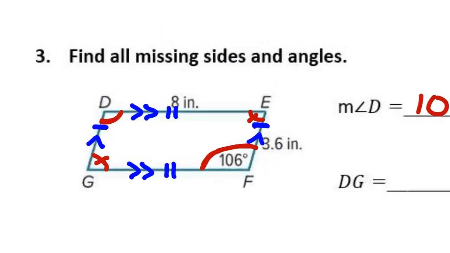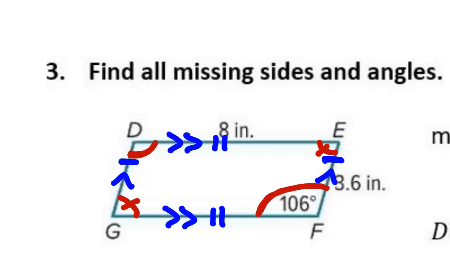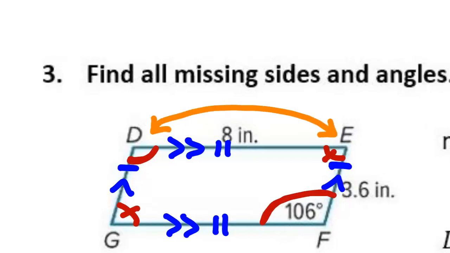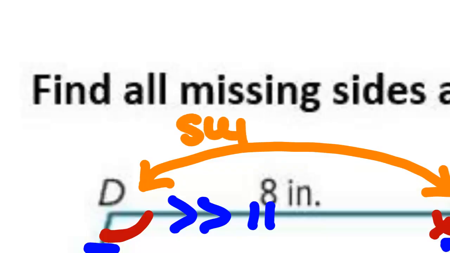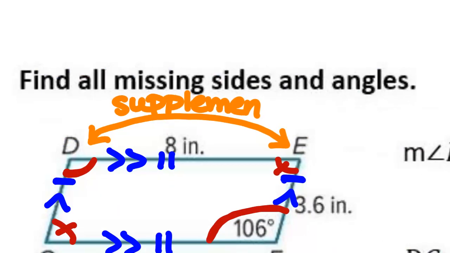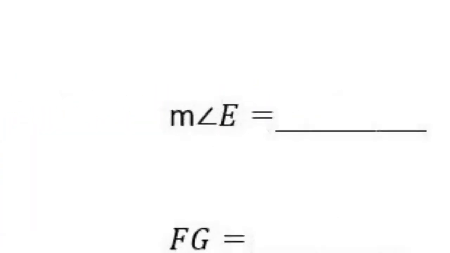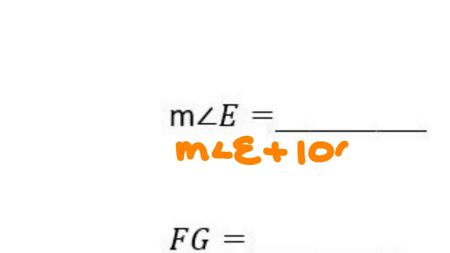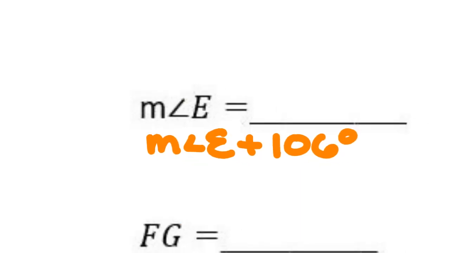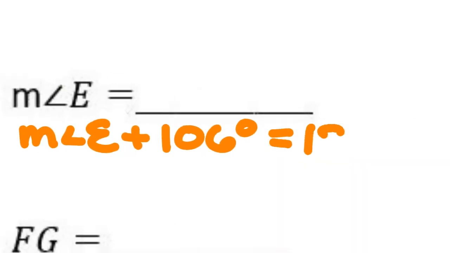And then they ask for angle E. What do we know about angles D and E? They are supplementary. Which means they add up to what? 180. So the measurement of angle E plus 106 degrees equals 180 degrees.